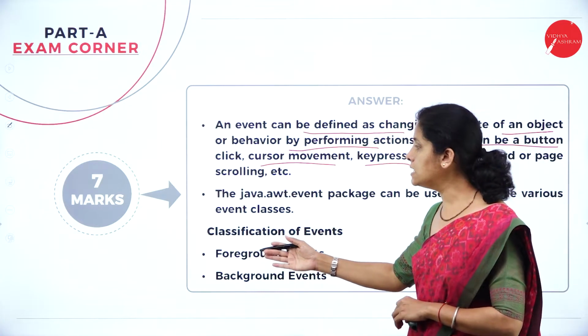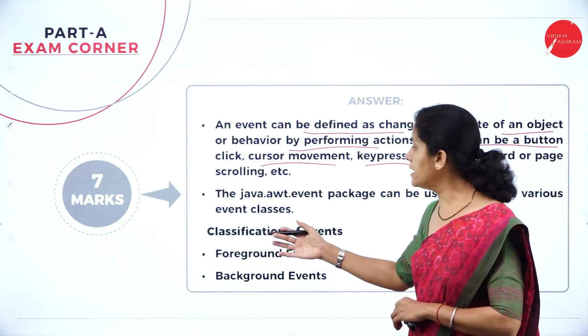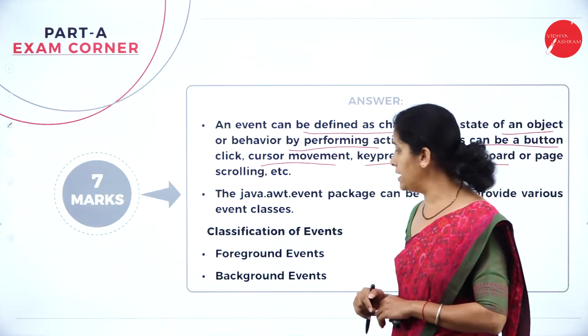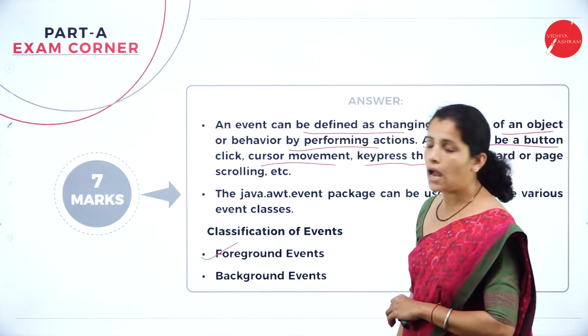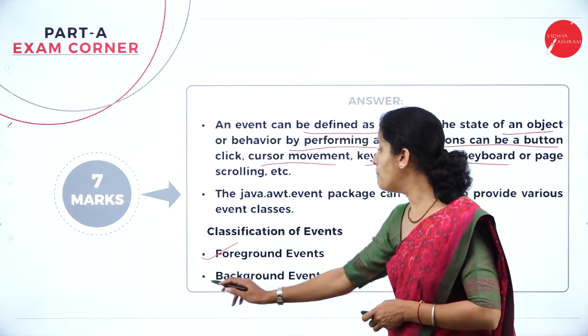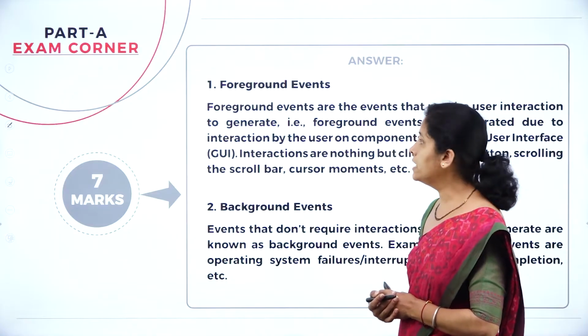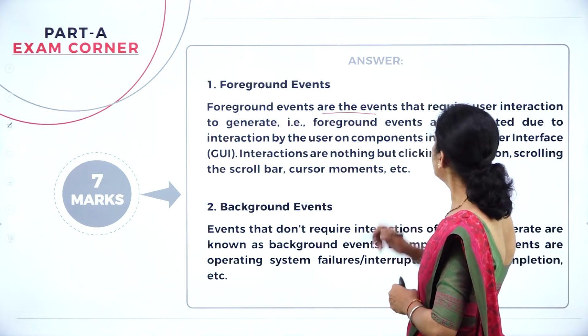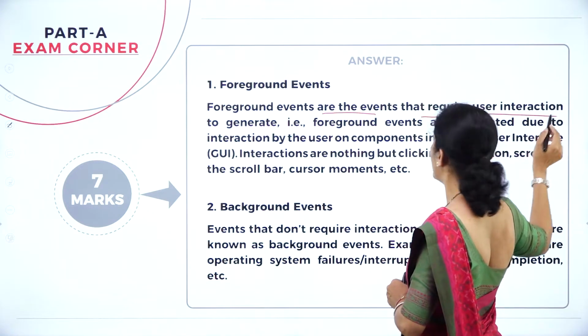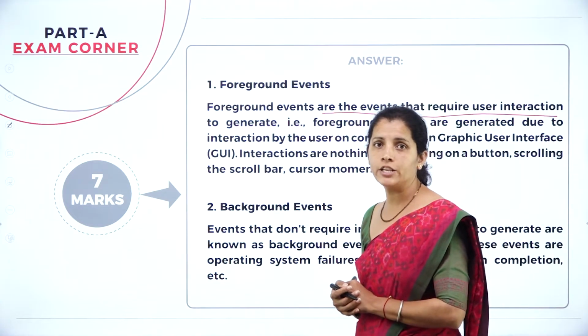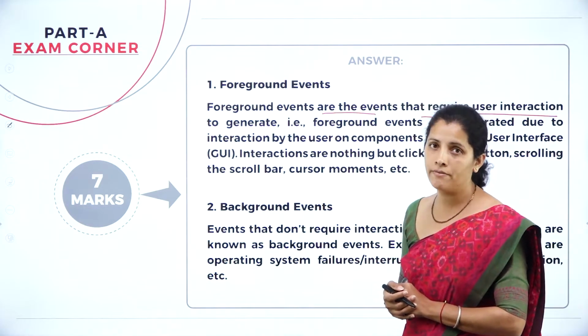And if I consider Java events, there are two types of events, that is foreground events as well as background events. Foreground events are the events that require user interaction to generate an event.